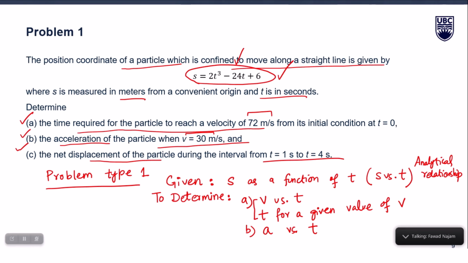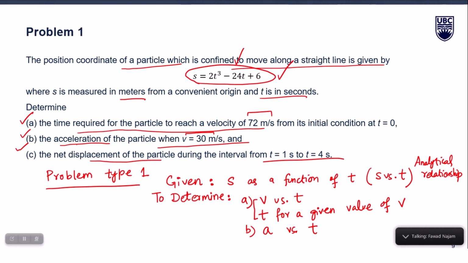So if it is asking me to determine acceleration when v was 30, I will still use the velocity versus time relationship, put 30 in it to determine at what time velocity was 30. And then from the acceleration versus time relationship, I will put that time in to calculate the acceleration, right?